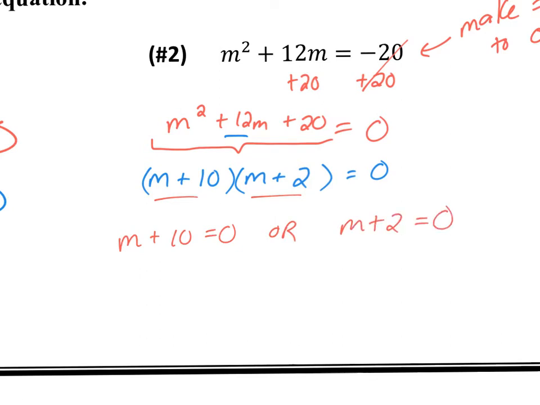That's the only possible way we're going to get a 0. So we would solve. The first one, you'd minus 10 to get m equals negative 10. The second one is minus 2. You would get m equals negative 2.